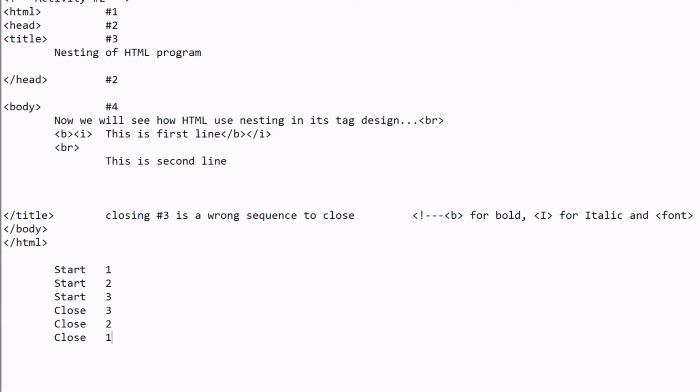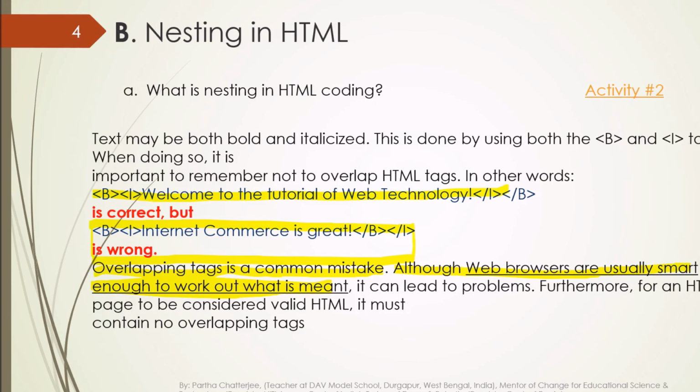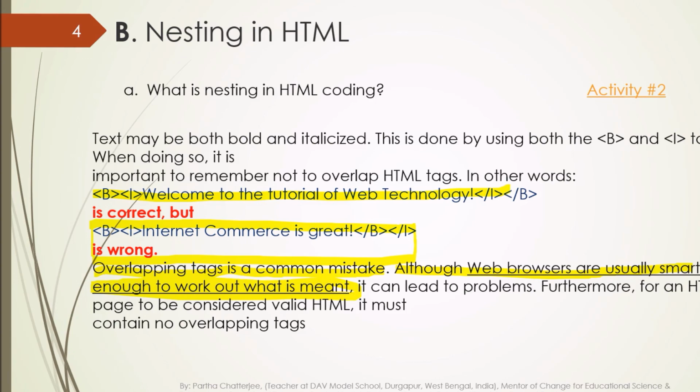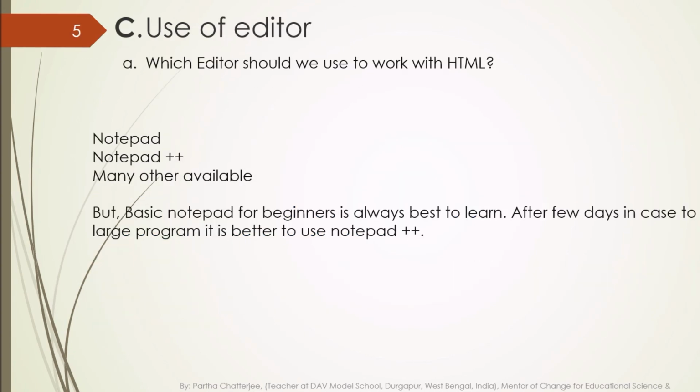This is the important part which I show you here: when I am using BI and IB in this format, it is still working due to the use of a higher version of HTML, as this version is smart enough to manage this type of issue. Okay, it can lead to problems for a large program or for real web page design programming.